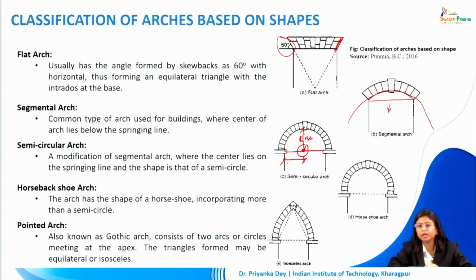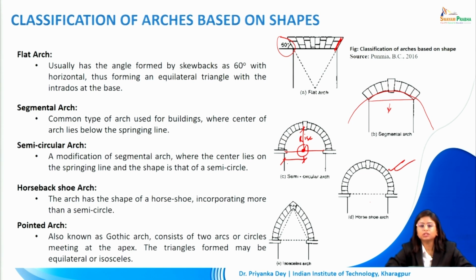It's a semicircular arch, so half of the span will be equal to the rise. The horseshoe arch, in this case, is shaped like a horseshoe, incorporating more than a semicircle. So it's slightly more than a semicircle.